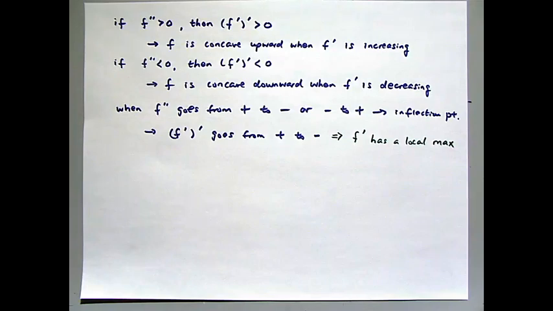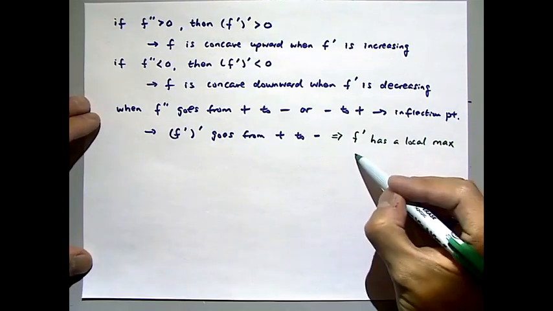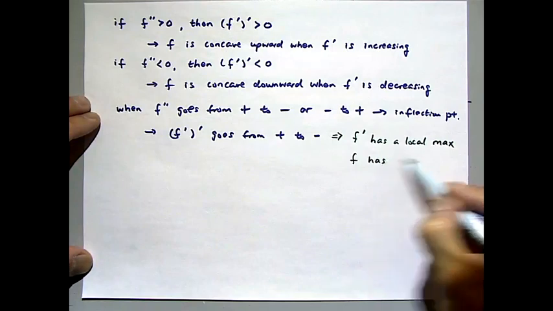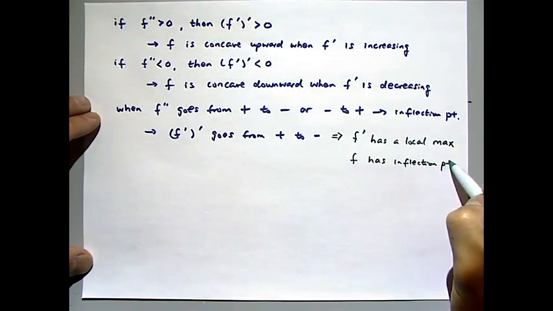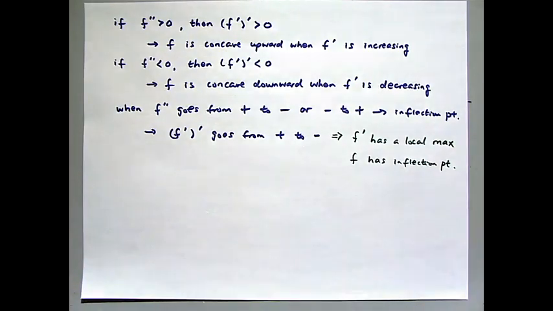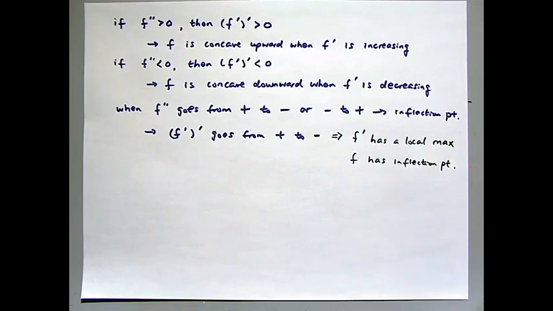It also means that f itself has an inflection point because f double prime has changed sign. Okay? So on the graph of f prime, if you see a local maximum, that's when the graph of f, the original function I gave you, has an inflection point.